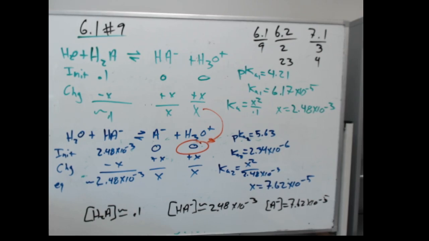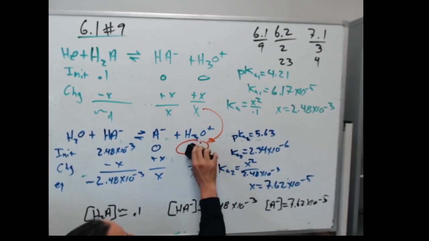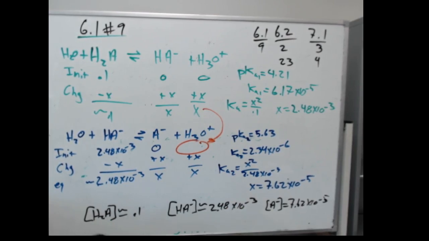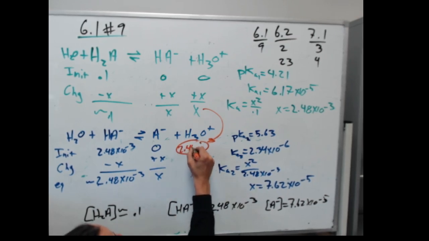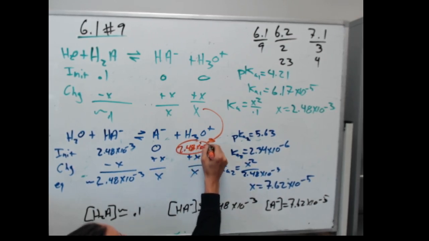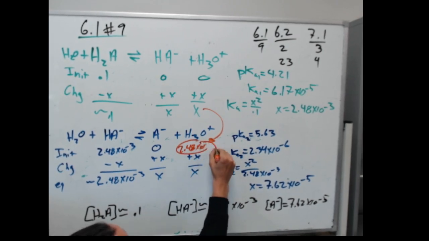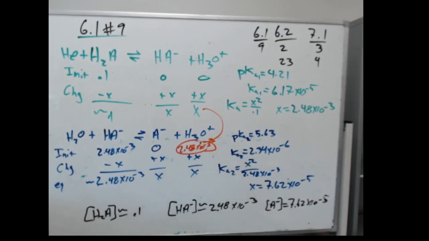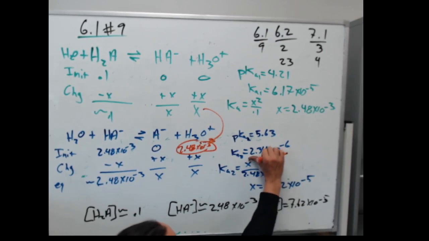So this dissociation is not going to happen as much as I thought. I need to change that 0 to be not 0 and rearrange this entire thing. So let's go ahead and fix it. I'm going to do all my fixes in orange. This is also going to be 2.48 times 10 to the minus 3. You can see mathematically why we end up with Ka, because this is no longer Ka squared.